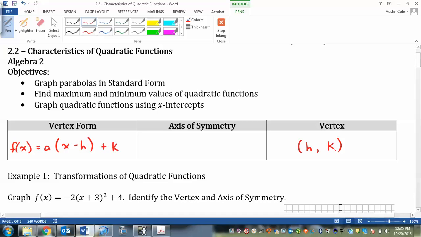Okay, now the axis of symmetry is a vertical line located at the vertex. So first of all, if I were to write an equation of a vertical line, what's an equation of a vertical line?